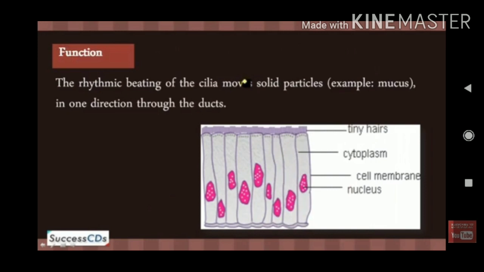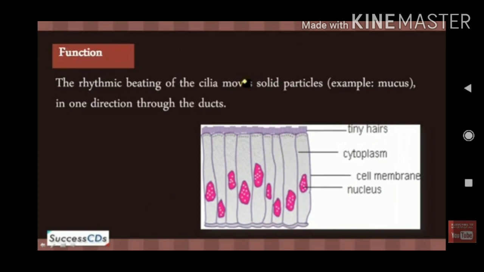In the fallopian tube, it pushes the egg from the ovary into the fallopian tube. In the urinary bladder, it helps with the movement of the urine. Yes, now we understand the ciliated epithelial tissue.